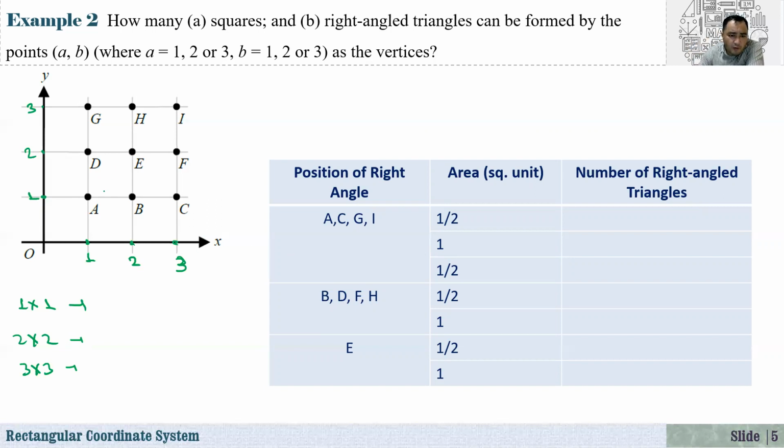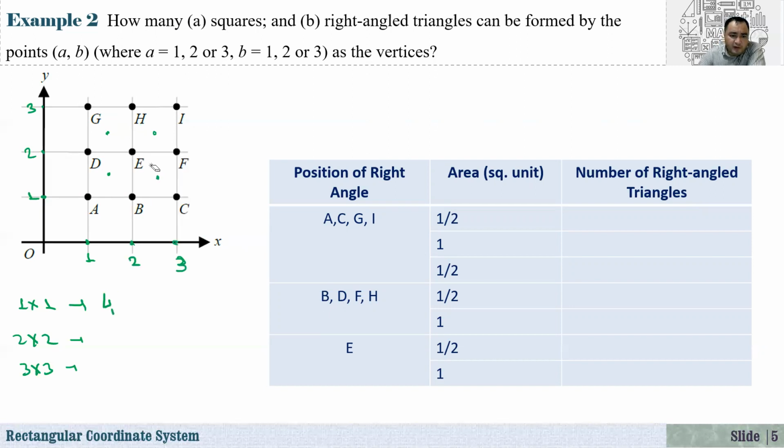Let me label the points A, B, E, D. These dots must be the vertices, right? So it is either ABED, or DEHG, or BCFE, or EHIF. So how many squares can I have? I can have only 4.